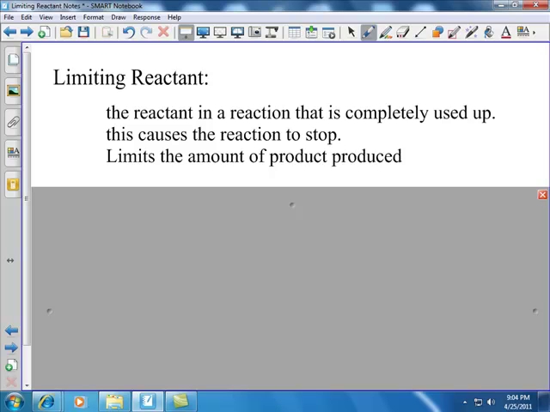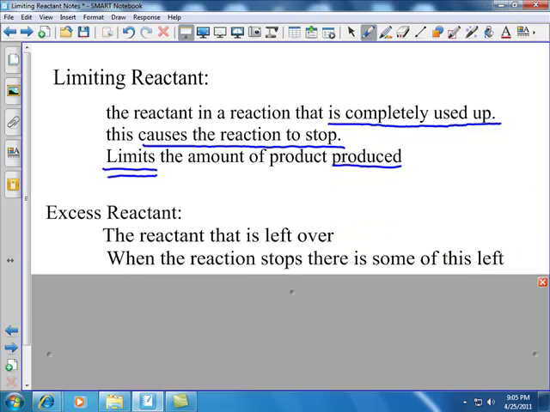And it does that because in a reaction, it is completely used up. Okay? The limiting reactant is going to be used up, and once it is used up, that causes the reaction to stop. The reaction can no longer go any further because there's no longer any of this reactant. Thus, it limits the amount of product produced. That is why it's called the limiting reactant.